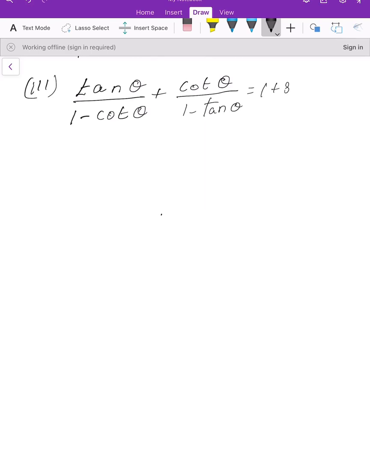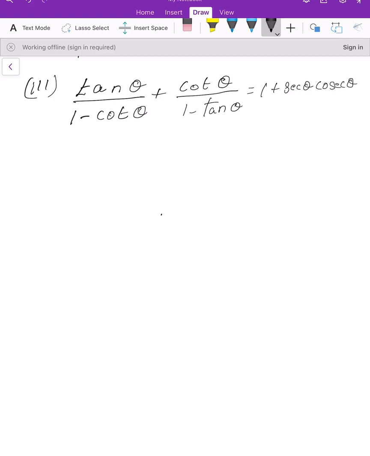Now my third subdivision from the fifth sum, that is my trigonometric identity exercise 8.4 chapter 8: tan theta by 1 minus cot theta plus cot theta by 1 minus tan theta is equal to 1 plus secant theta cosecant theta.